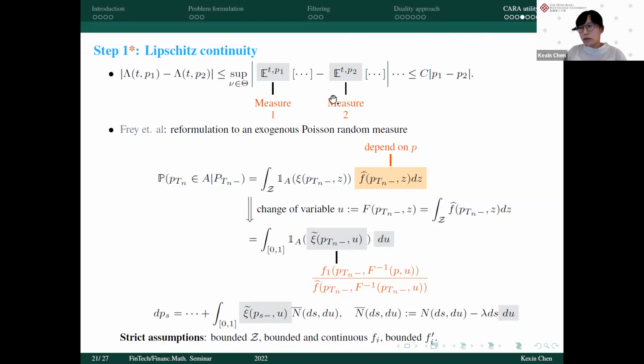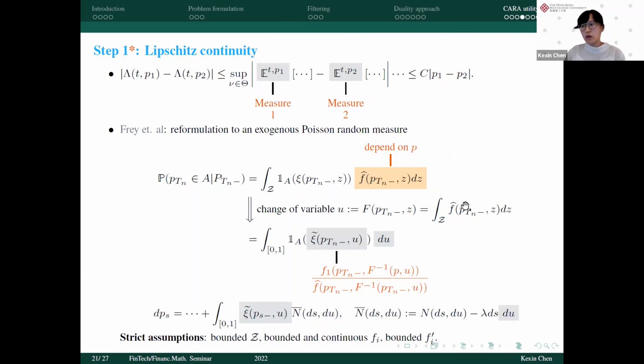So this is also the main difficulty. To further illustrate this point, I want to refer to a previous work by Frey and his co-authors. To tackle this difficulty, they try to reformulate the state equation to be driven by an exogenous Poisson random measure such that the law of the new process is the same as the original one.